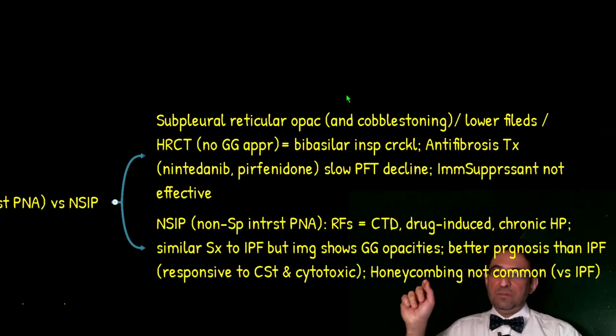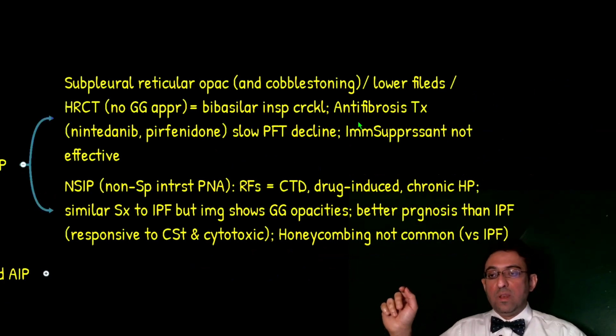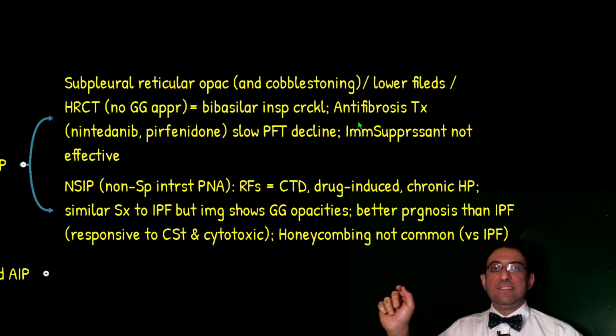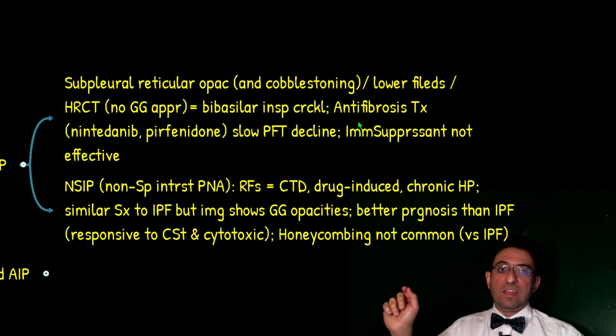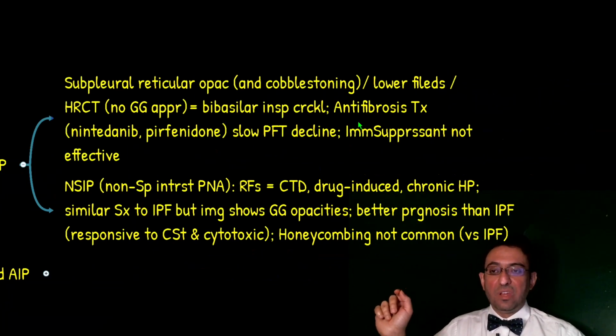The most important feature we need to pay attention to is that, similar to asbestos-related lung disease, perhaps the only other type of interstitial lung disease that predominantly involves the lower lung fields is IPF, idiopathic pulmonary fibrosis.